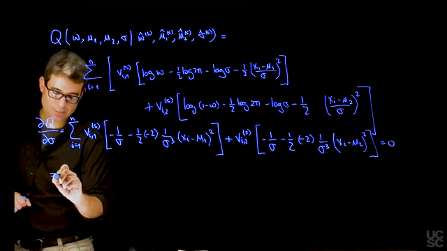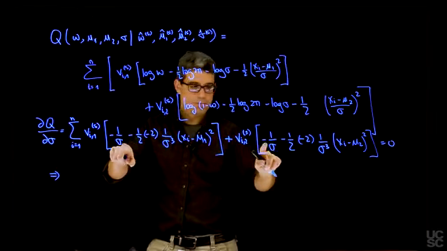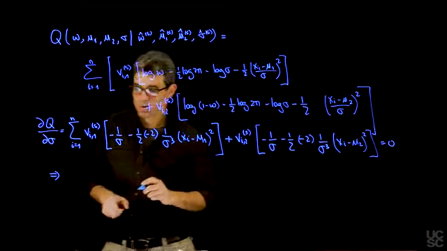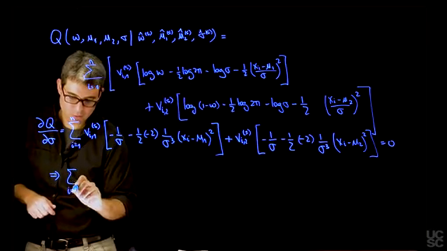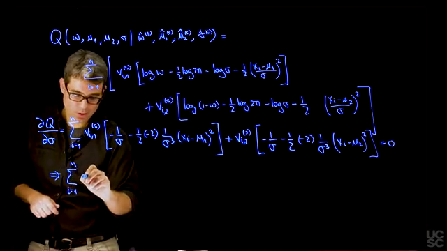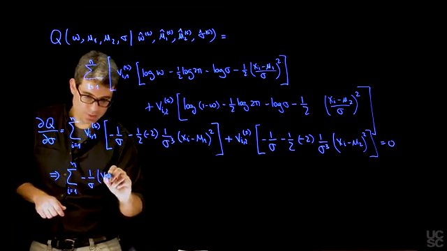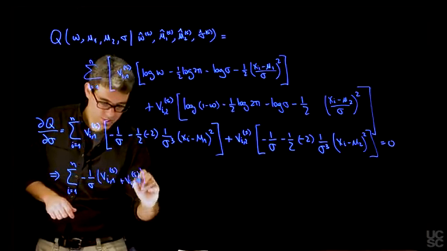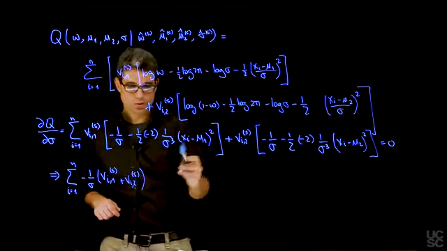OK, so let's simplify this a little bit. To do that, let's pull together terms that look the same. Let's pull the terms that have 1 over sigma in them together, and then the other terms. So we have the sum from 1 to n of minus 1 over sigma that multiplies bi1 of s plus bi2 of s. And then the other term again looks very similar.